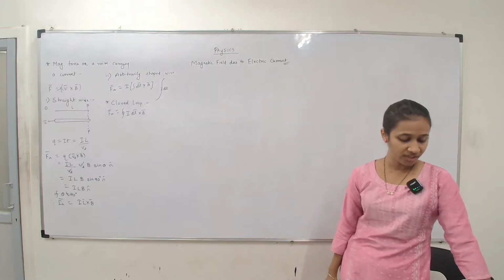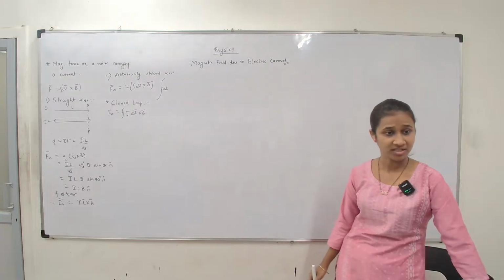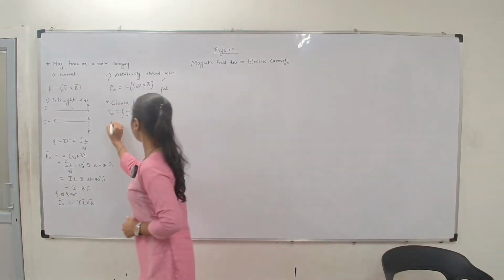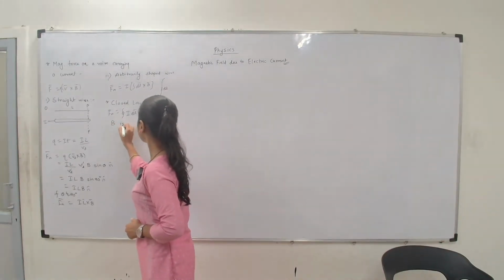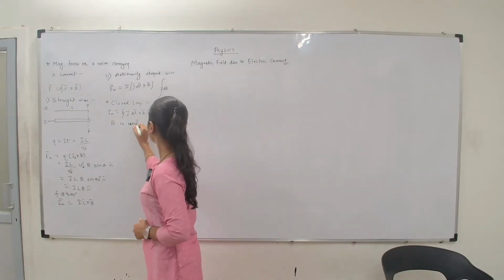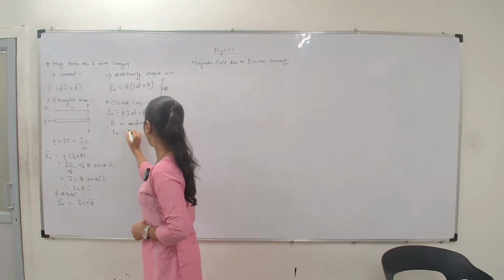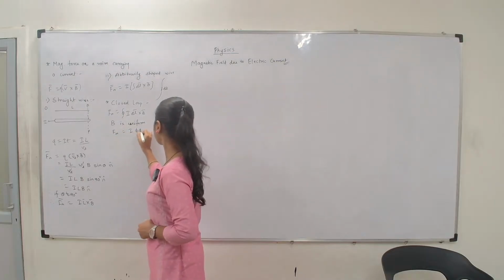So if your field is uniform, then the current and magnetic field will be outside the integration, and we need not integrate them. So if B is uniform, then the magnetic force will be I times the integration over a closed curve of dl bar, crossed with B.